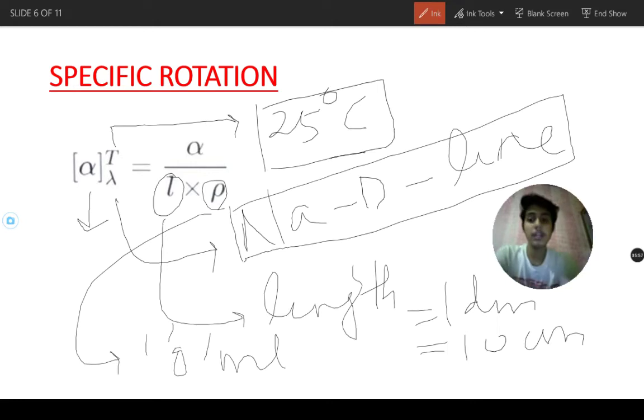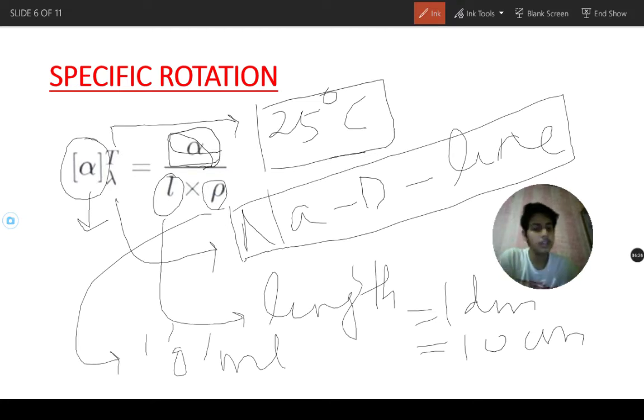This is all about specific rotation. If this amount is fixed, temperature, lambda, L, rho, then the rotation is fixed. This is the rotation, and this is specific rotation. This alpha here is only the rotation, but here alpha is the specific rotation at a specific temperature and wavelength. This is all about specific rotation.